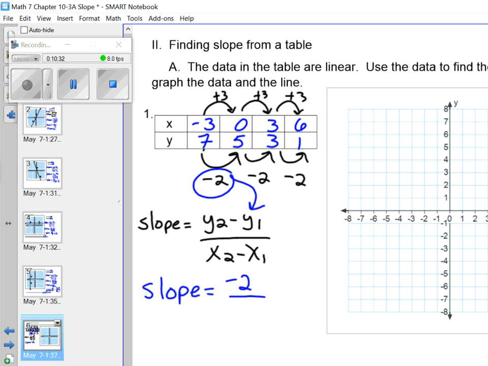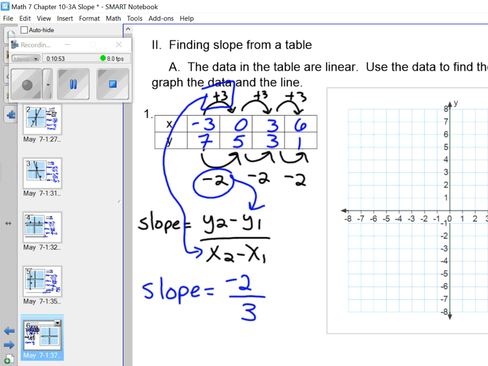What is your value for your change in y? Well, up here, that is your x sub 2 minus x sub 1, and that's a 3. And at this point, in all honesty, we're done because -2/3 is already in lowest terms. But it does tell us that they want us to graph the line.